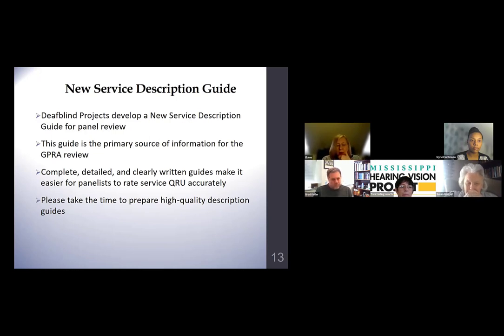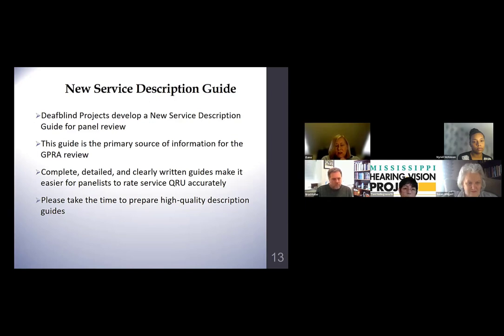So the deafblind projects will develop a new service description guide that the panel will review. The new service description guide and the supplemental materials that you submit along with it are really important to the GPRA review process, and they really require time and attention.